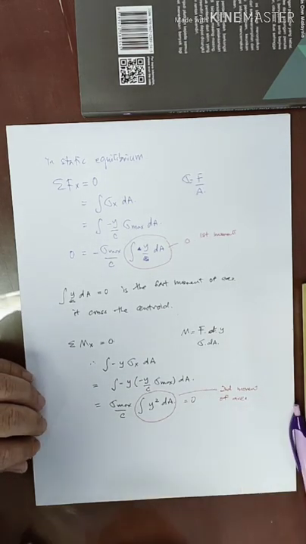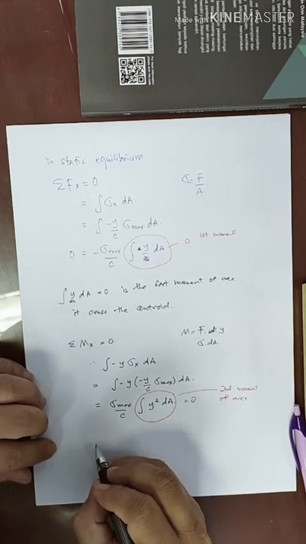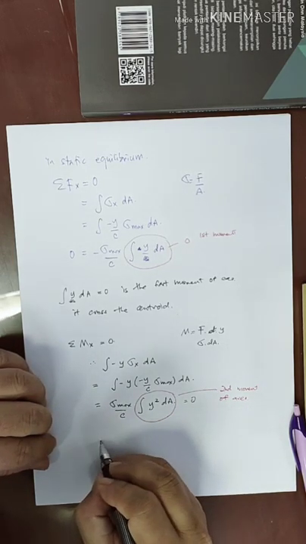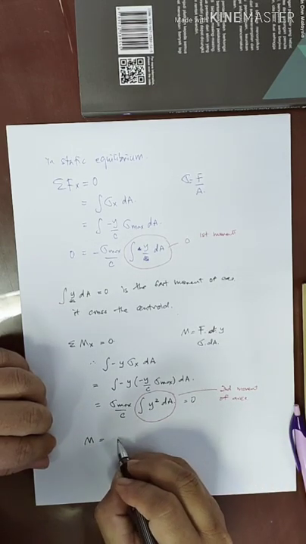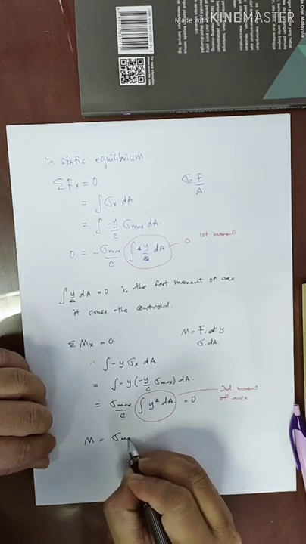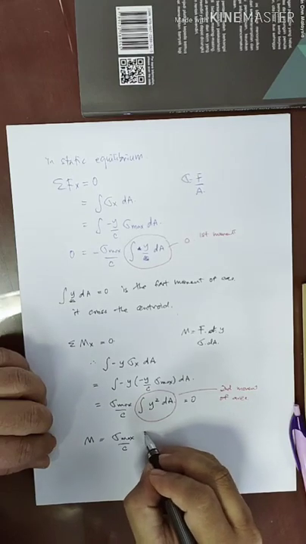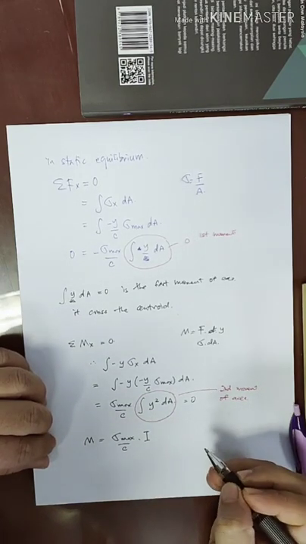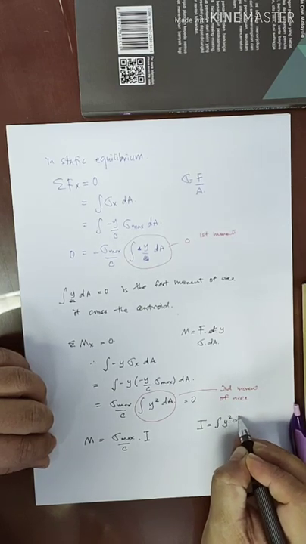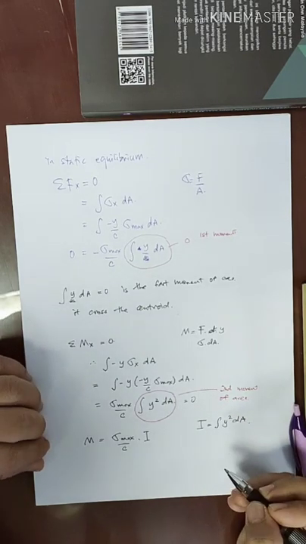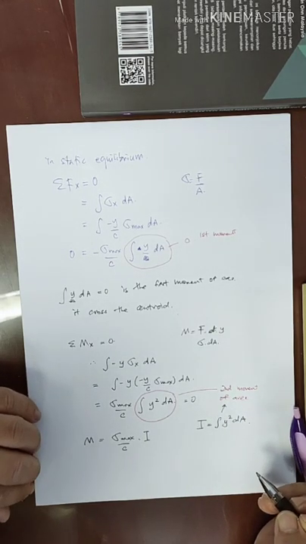So therefore we can summarize the equation as Mx equal to sigma max over c, I, where I is the integration of y squared dA, equal to the second moment of area.